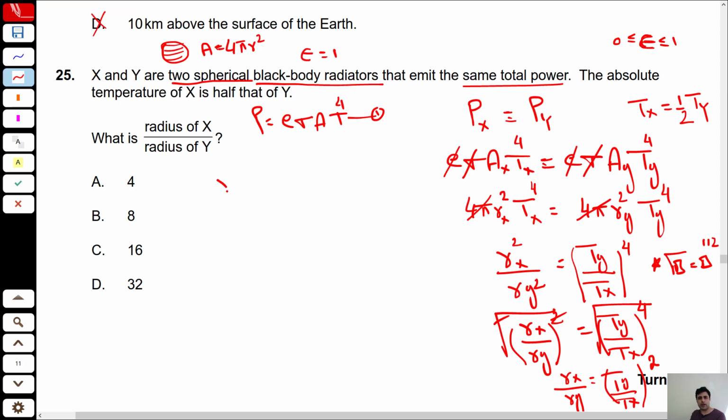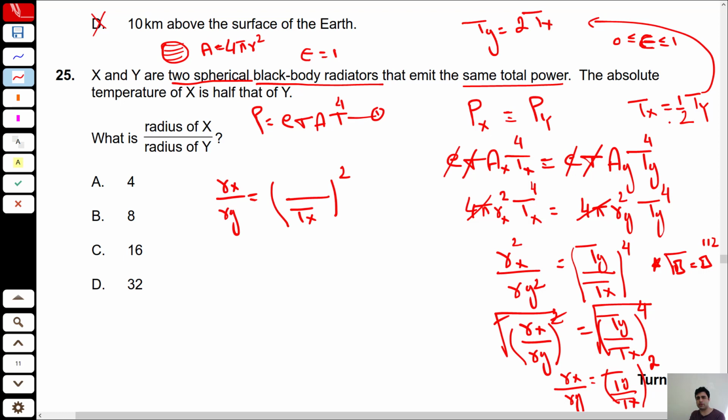So we have radius of X over radius of Y equals something with a square. For the denominator, we have temperature of X. So if you look at this equation, make temperature of Y the subject, it will be 2 times temperature of X. So 2 can go from there. 2 times temperature of X. So you can see this is cancelled out. So 2 squared equals 4. So that is why A is the answer.